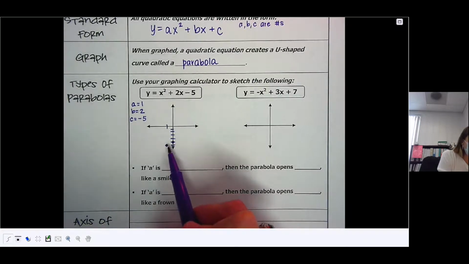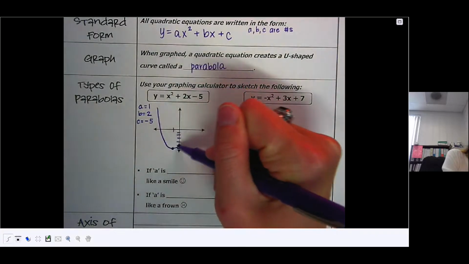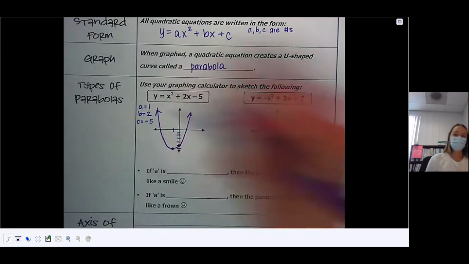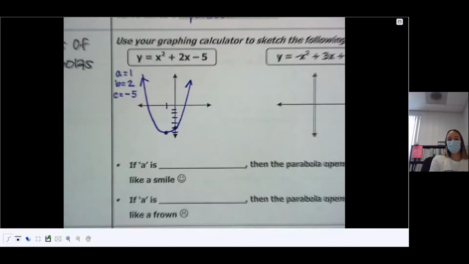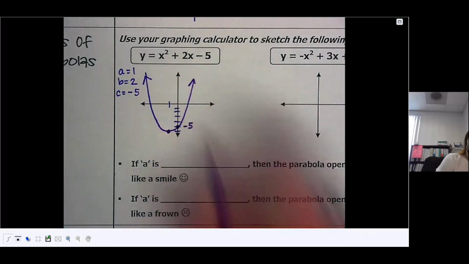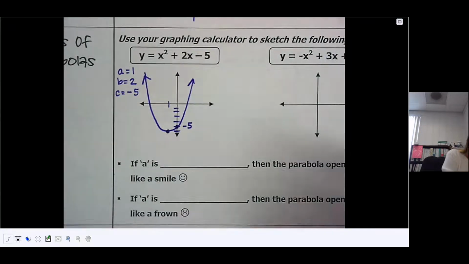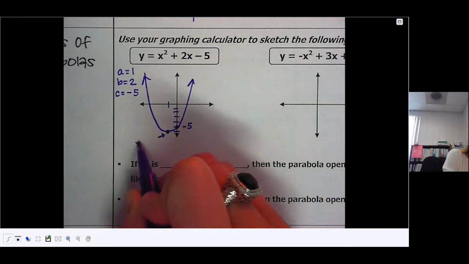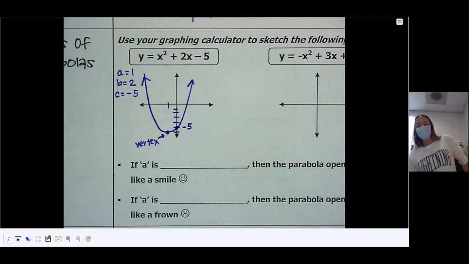And then we've got the negative 1 over here, and it's going to look something like this. Beautiful little graph there. So this point right here was my negative 5. And this point right here is called the vertex. And there's my first graph. I just graphed a parabola.